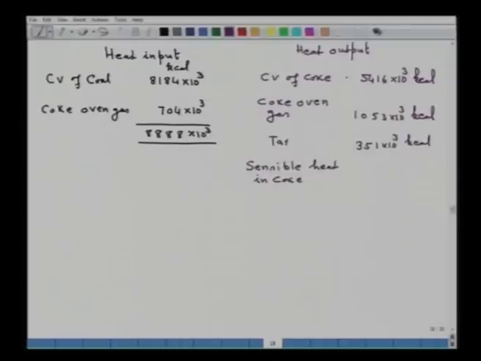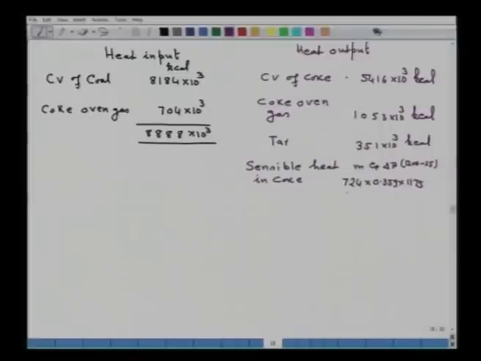That is very simple, mCp into delta T, and the Cp value one can take 0.359, and one can calculate very easily sensible heat in the coke through m Cp delta T, where m is say 724 kg, Cp is 0.359 kilocalorie per kg degree Celsius, and to multiply it by 1175, that is delta T, that is equal to 1200 minus 25 by taking 25 degree Celsius as the reference temperature.